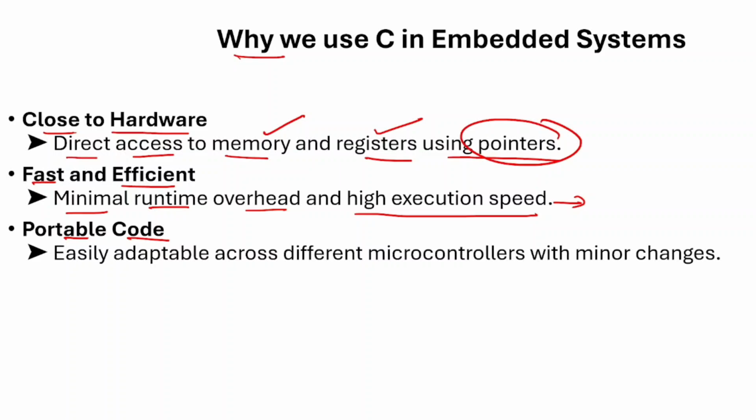So C is portable. But remember one thing, embedded C is not completely portable, because normal C can run on any platform, any hardware like Intel or any other processor, any laptop. But embedded C is specifically designed for that particular microcontroller or microprocessor.